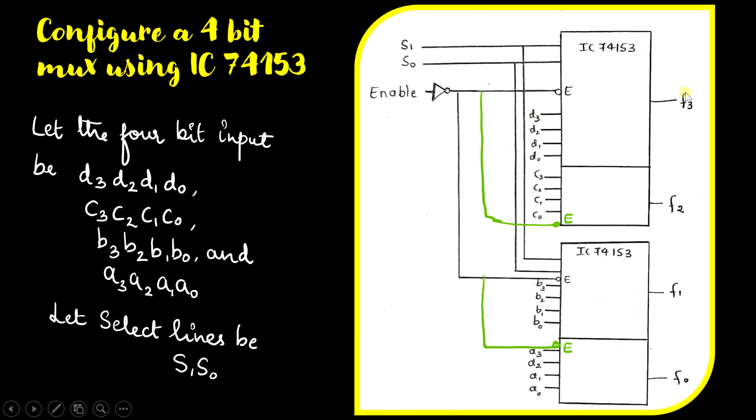That means F3 will give you an output D3, D2, D1, D0 depending upon the select input, and F2 will give you an output depending upon the select inputs as C3, C2, C1, C0. F1 will give you an output as B3, B2, B1, B0 depending on the select input. In a similar way, F0 will give you an output of A3, A2, A1 and A0.